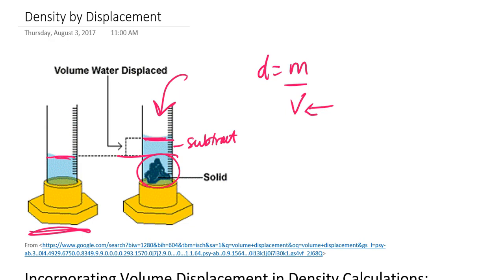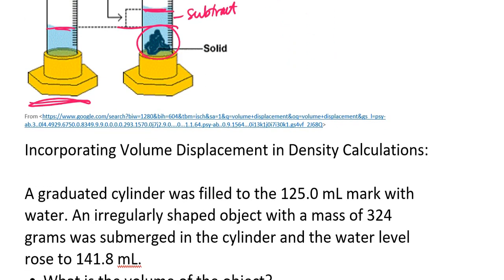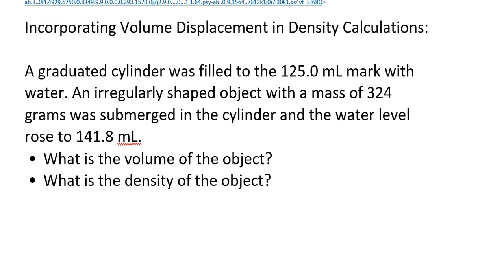So suppose that we incorporate that into a density calculation. How would I go about doing these calculations? Well, let's take a look at this particular problem and see how I would make that happen. This problem tells me that I have a graduated cylinder that I initially had filled to 125.0 milliliters with water.